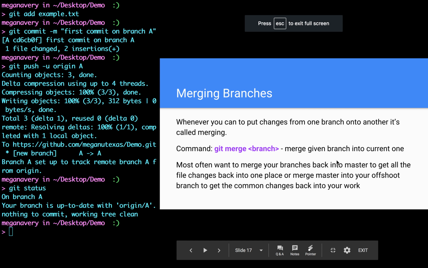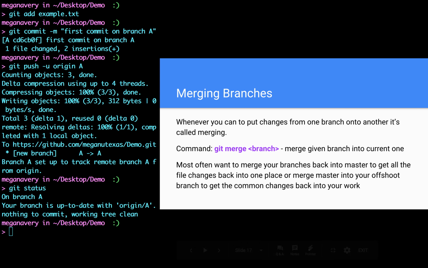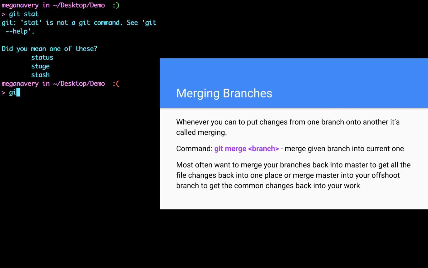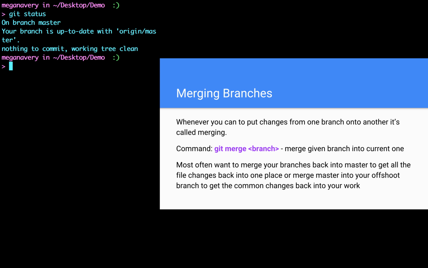So, merging branches. This is whenever you want to put changes from one branch onto another. I'm going to git checkout master. Sorry, git status. So I'm on master now, and I'm clean, and I want to merge the change that I made on branch A onto master.